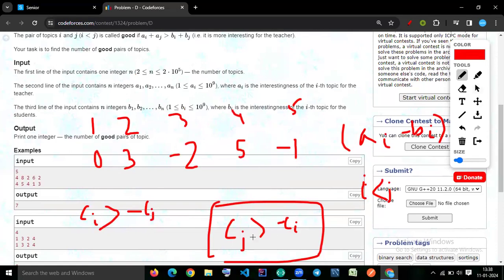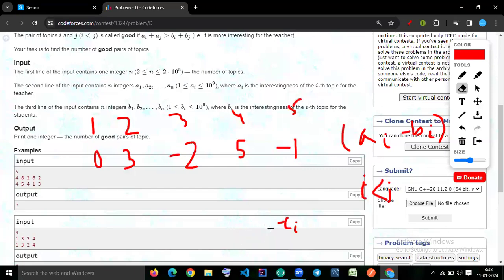See that for this condition, Ci must be greater than minus Cj. If I want to pick Cj for 0, Cj must be greater than 0. So for this one index, how many pairs will we select? 1, 2 and 1, 4 are the valid cases for the first index.